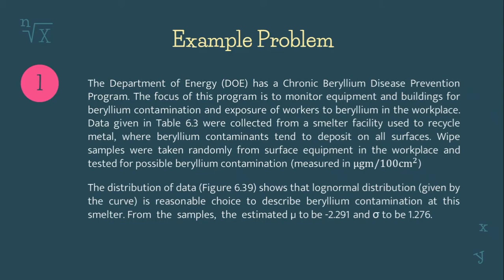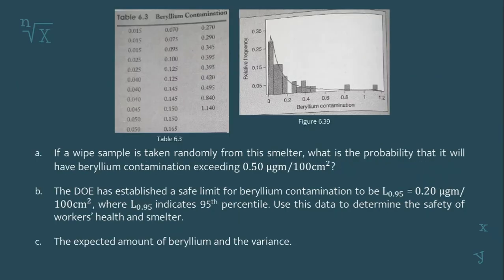From the samples, the estimated mean is negative 2.291 and the standard deviation is 1.276. Meron tatlong hinahanap sa ating problem. Letter A or first is, if a wipe sample is taken randomly from this smelter, what is the probability that it will have beryllium contamination exceeding 0.50 microgram per 100 centimeters squared?